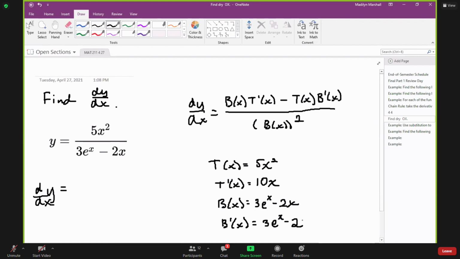All right, so now we just have to put all of this together. I'm afraid I might not have left room.